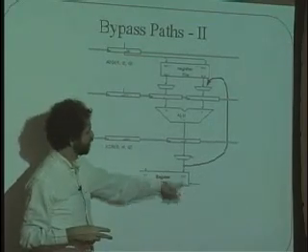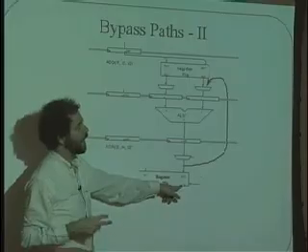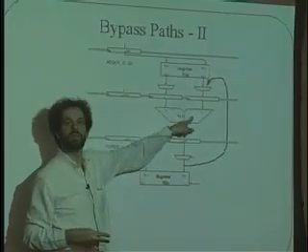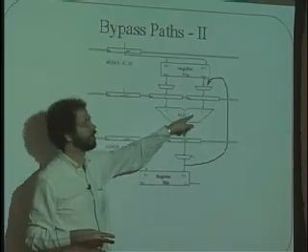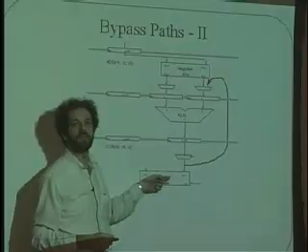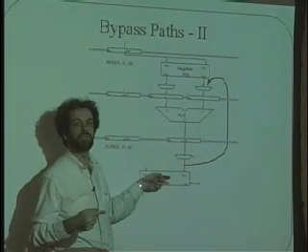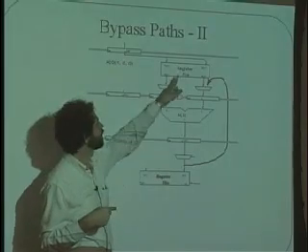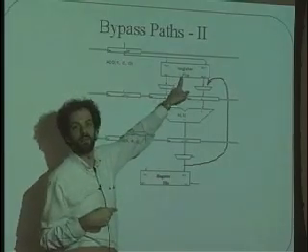The data value will be written to the register file, and it will be latched into this pipeline stage here for use by the ALU. So the ALU will get to use it in the very same cycle when it is first available in the register file, which is still 1 cycle sooner than otherwise, in which case it would have to wait for the next cycle for it to come out of here.